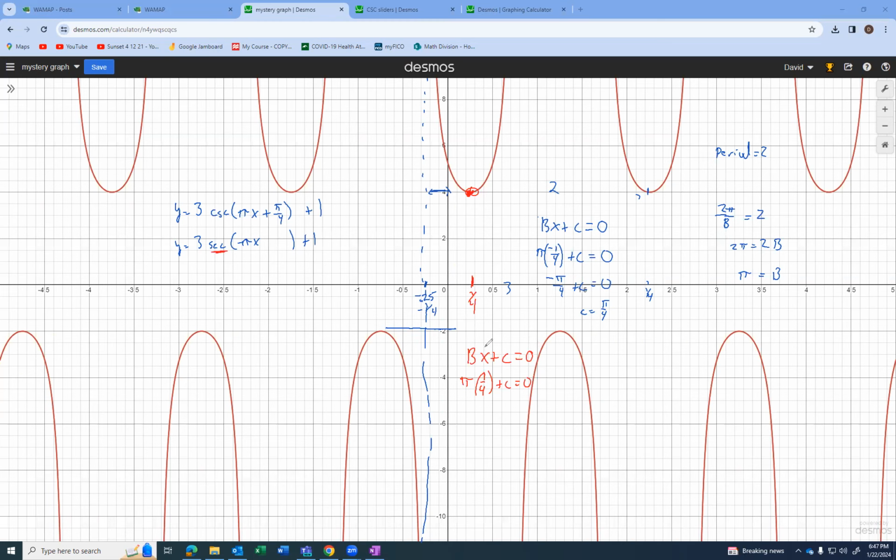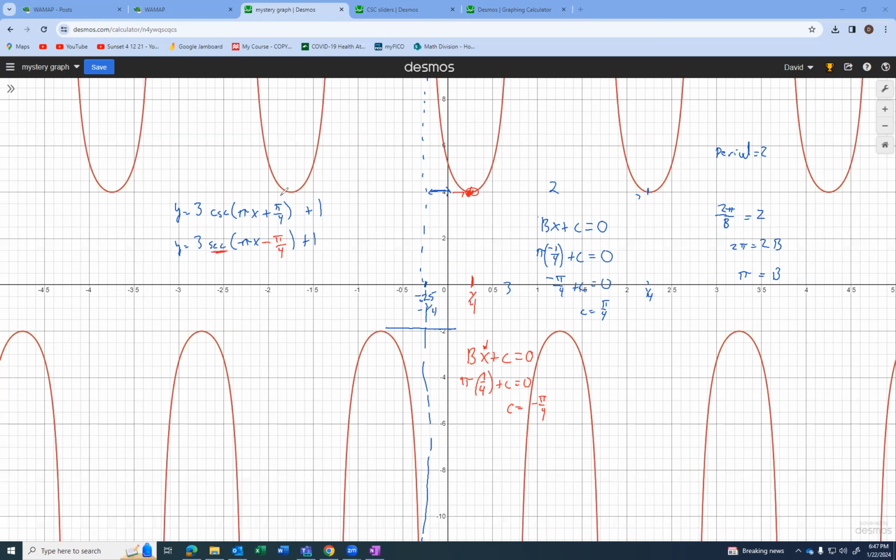So I want to find what's the new x that corresponds to a 0 in there. If I solve that, we'll find that c is equal to minus 1/4. If my c value is negative 1/4 pi, I'll get the secant graph in there to match up. That will shift the graph over just enough so that the minimum is at that point.